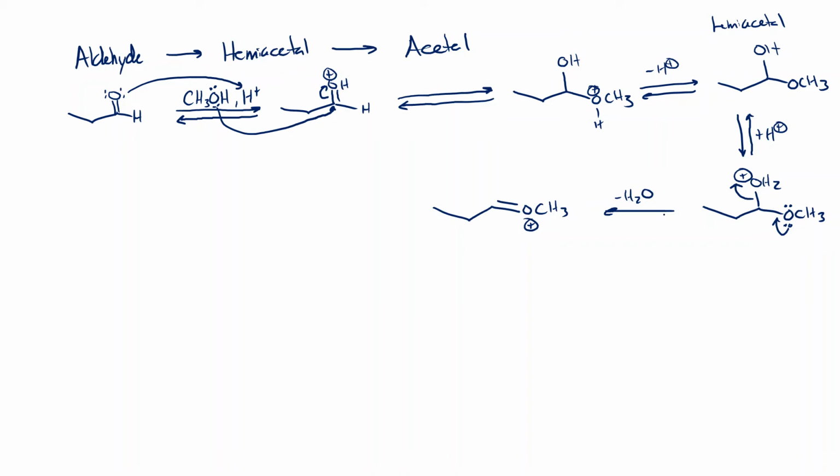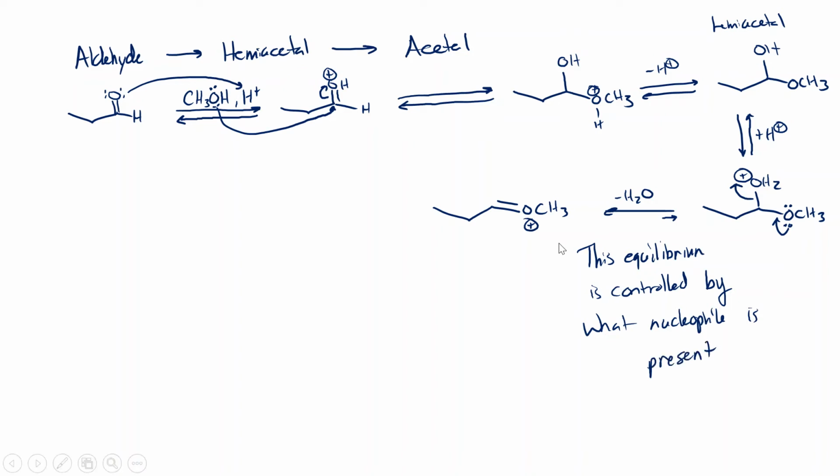So this is still an equilibrium, but we can manipulate this equilibrium so that there's only a very small amount that ever goes back that way, right? So how do we manipulate this equilibrium? This equilibrium is controlled by what nucleophile is present.